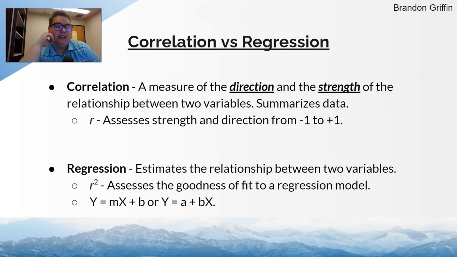Whereas regression estimates the relationship between two variables. And one way to assess the goodness of fit of a regression model is going to be through r squared, which, for one variable, is just the square of your correlation coefficient. And then the equation of a line could be y equals mx plus b, like high school, or, using statistical notation, it could be y hat equals a plus beta x plus error.